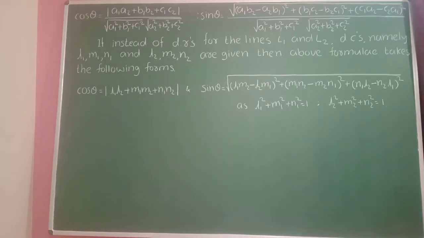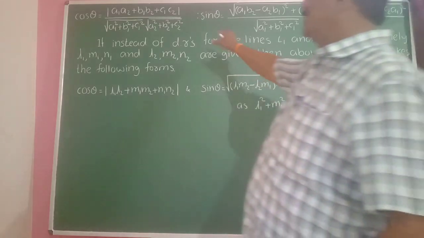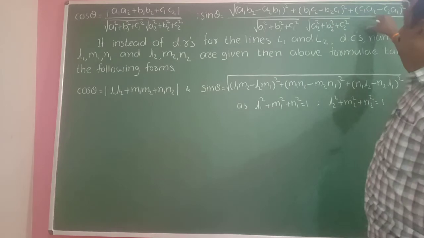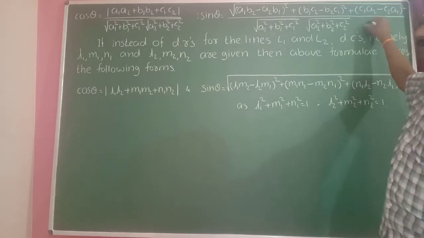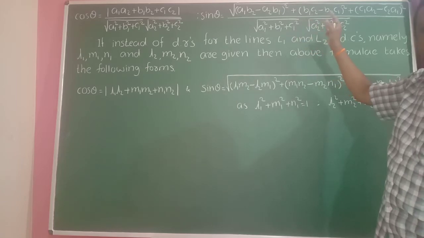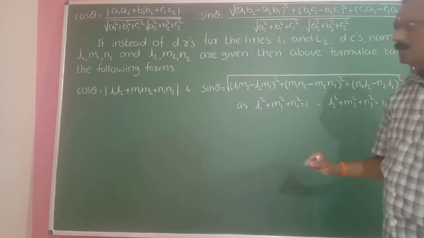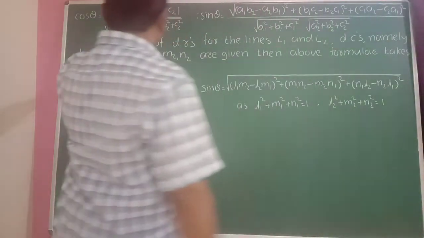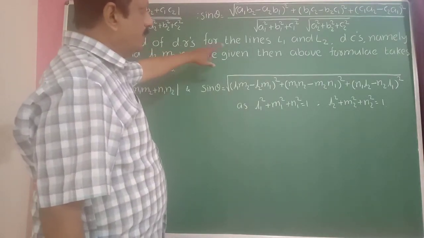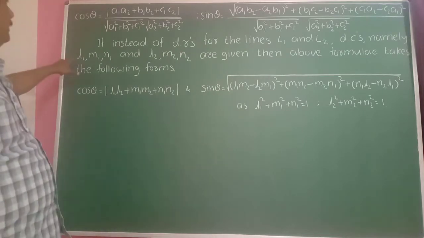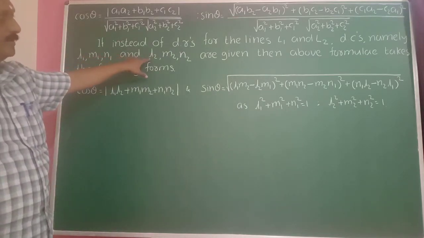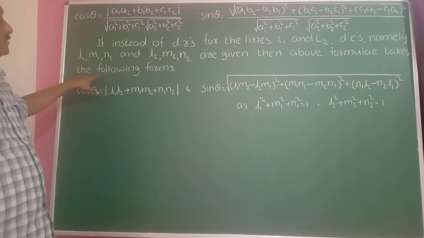Okay, so the earlier one is the cosine of the angle between the two lines, and this gives the sine of the angle between the two lines. In this case, a1 b1 c1 and a2 b2 c2 are direction ratios. If instead of direction ratios for the lines L1 and L2, direction cosines, namely l1 m1 n1 and l2 m2 n2, are given, then the above formula takes the following form.